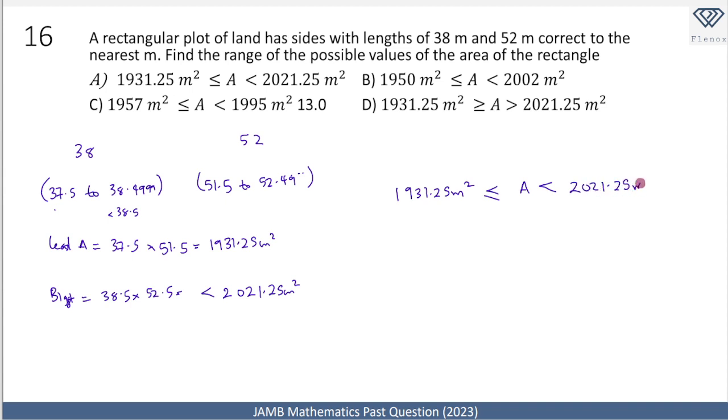And why is it strictly less than? Because it can be any number, but just not up to 52.5 and 38.5, because then you would have to round it up to the next whole number. So that is why it has to be strictly less than in this case. And the correct option is Option A.